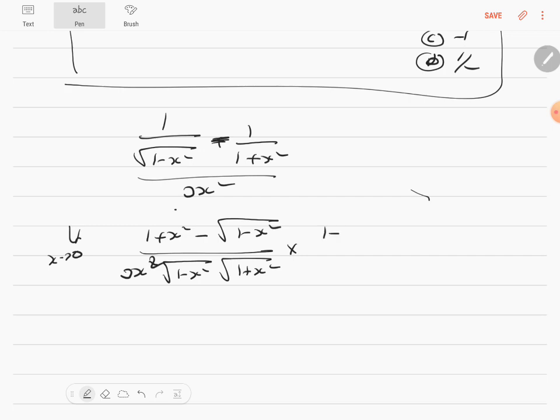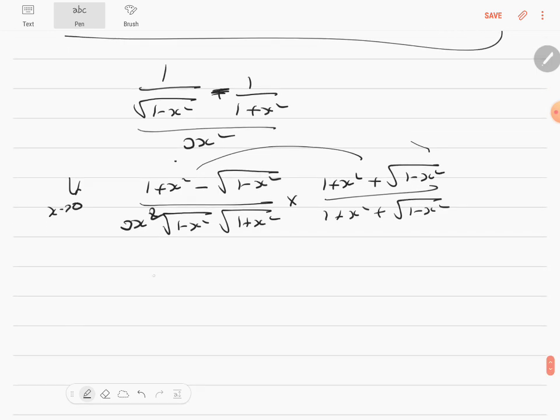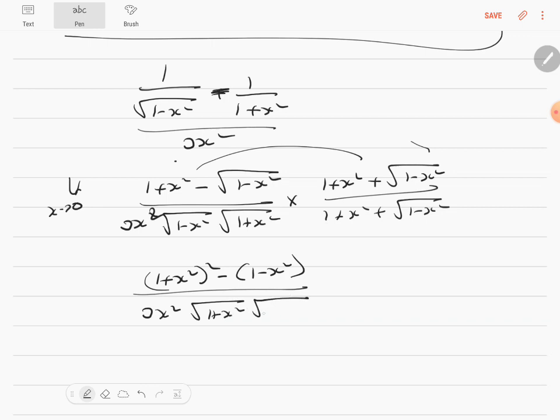So it will be 1 plus x square plus root of 1 minus x square by 1 plus x square plus root of 1 minus x square. This will become a plus b into a minus b, which is 1 plus x square the whole square minus 1 minus x square by 3x square into root of 1 plus x square into root of 1 minus x square, and root of 1 minus x square will become just 1 minus x square.